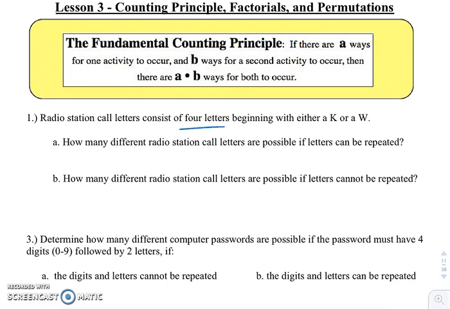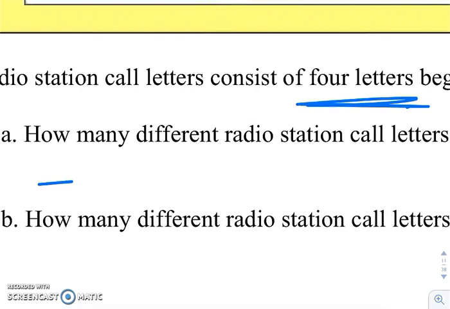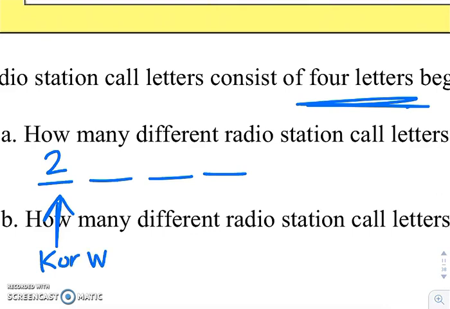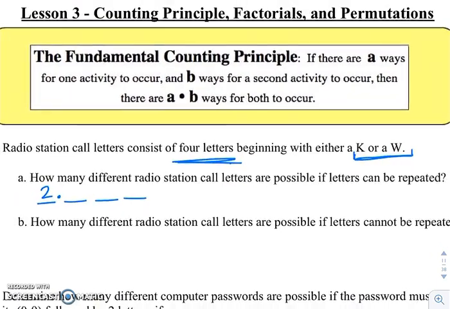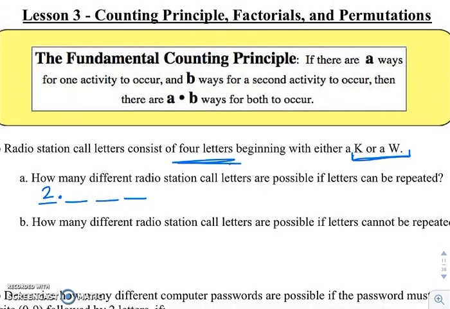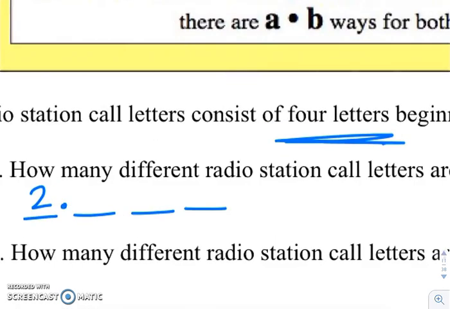So we've got 4 letters, and we know that the first letter has to be a K or a W. So if that first letter is a K or a W, then we only have 2 options to choose from, 2 items for that first spot. Times, well, if we can repeat, then we can choose any letters from the alphabet for all 3 remaining letters.